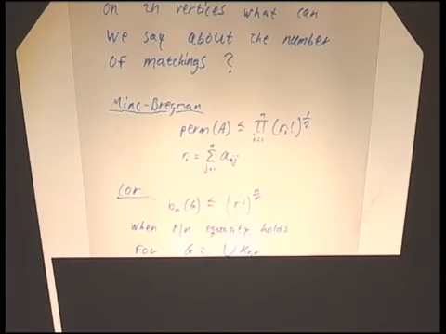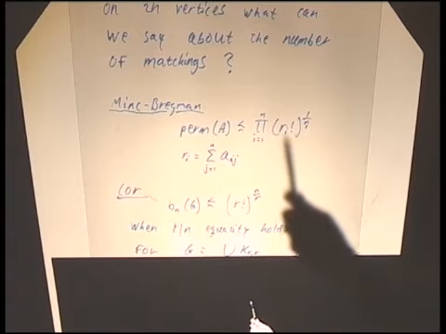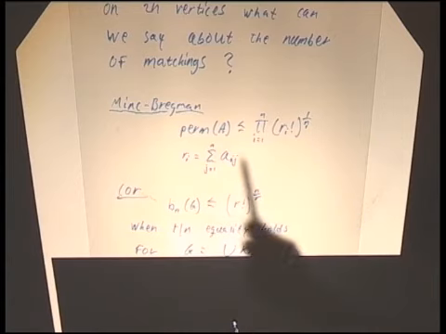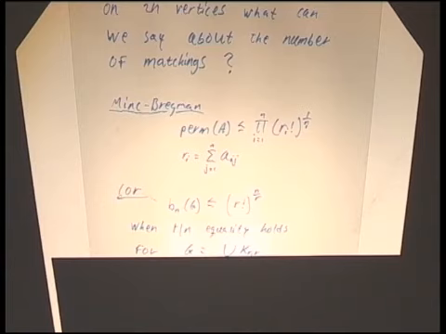So there's one by Minc and Bregman from the early 70s, I think, which says that the permanent of a matrix A is less than the product of r_i factorial raised to 1 over r_i, where the r_i's are the row sums of the matrix.